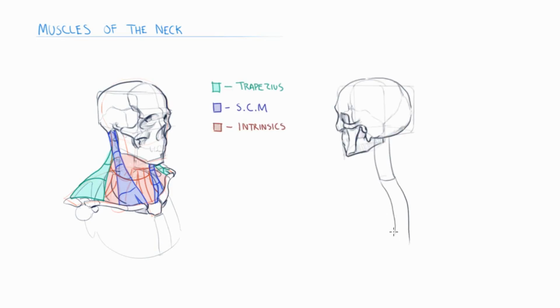Now we'll look at those muscles from a back view. Again, placing in that shape for the clavicle and for the scapula. And now I'm just drawing over in a heavier line weight to make it resemble the anatomy.